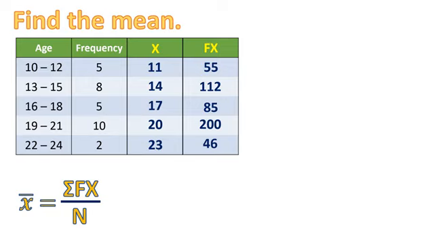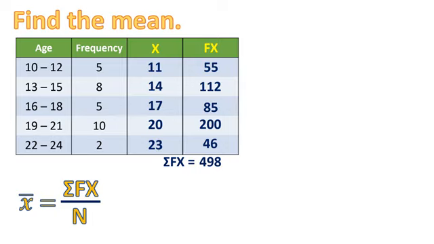After completing the table, because those are the columns that we needed for finding the mean, the x and the fx, then we will find the sum. The sum of what? Based on the formula, it's the sum of fx, so we get the total of fx. We add all 55 plus 112 up to 46. So the sum of fx is equal to 498 if you use your calculator.